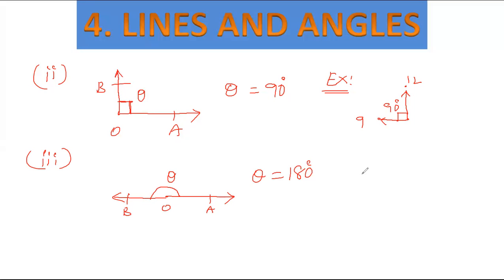Best example for this is in wall clock, we have 6 here, 12 here. Here, minutes hand, hour hand make 180 degrees angle on both sides.